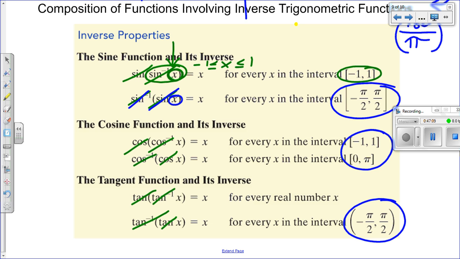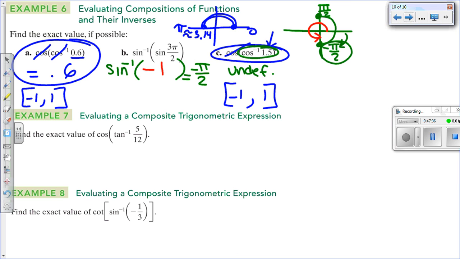That's the only way you can cancel that. But now, if you have sine inside, then the x needs to be between -pi/2 and +pi/2. And then same thing for this one, the x will have to be between -1 and 1. Okay? All right, let's go back to the last problem.